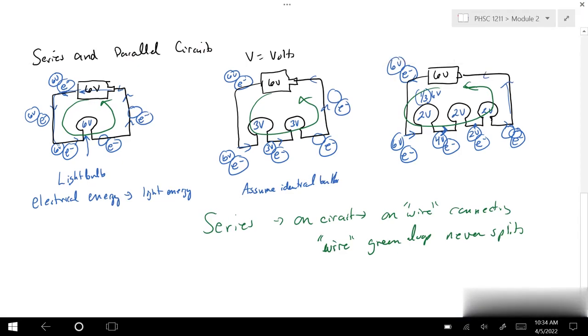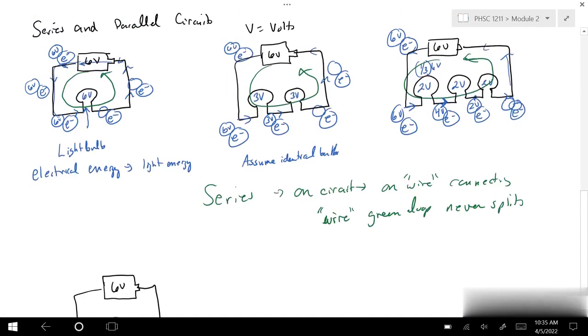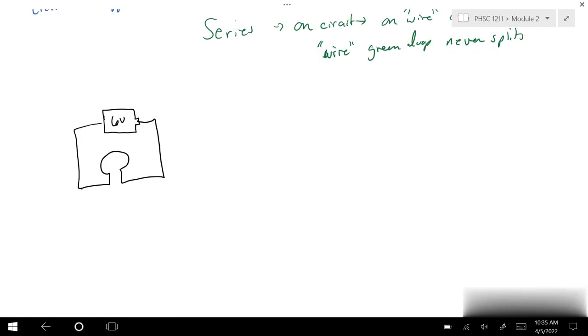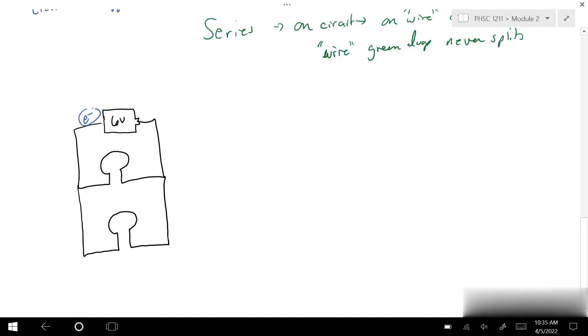Now let's look at parallel and where they're going to split. So let's look at a circuit. Here's our battery, 6 volts. It's going to come down and connect to one light bulb. Again, this looks very similar to where we just started, but I'm going to connect another light bulb here. Okay. So the electron, when it leaves the battery, still has 6 volts in its backpack.